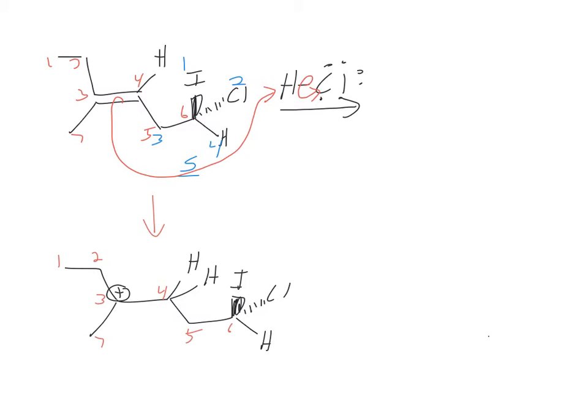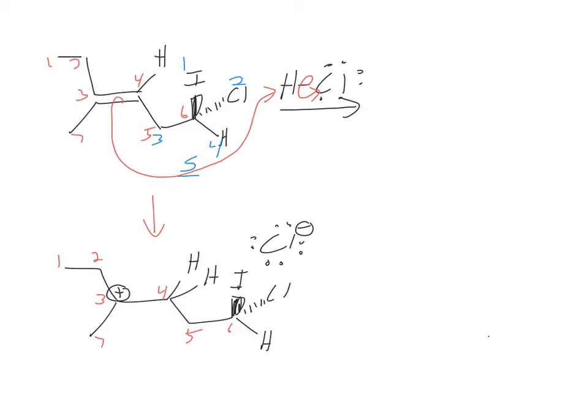And we balance our charge. What else do we make? Cl minus, that's right. So now we have a tertiary carbocation.